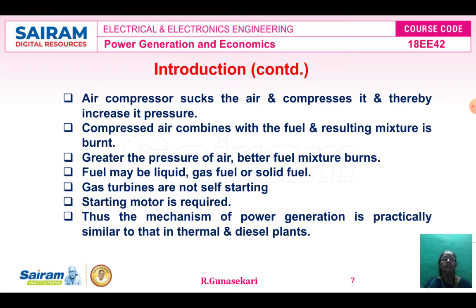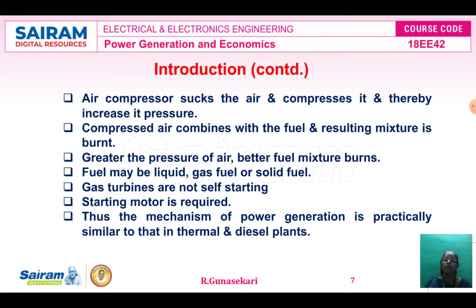In continuation of the introduction, the air compressor sucks the air and compresses it, thereby increasing its pressure. The compressed air combines with the fuel and the resulting mixture is burnt. The greater the pressure of air, the better the fuel mixture burns in the gas turbine power plant.